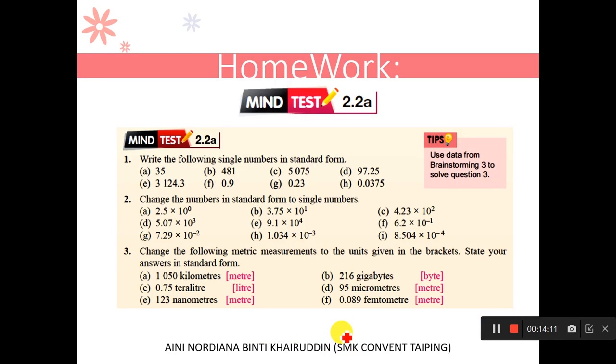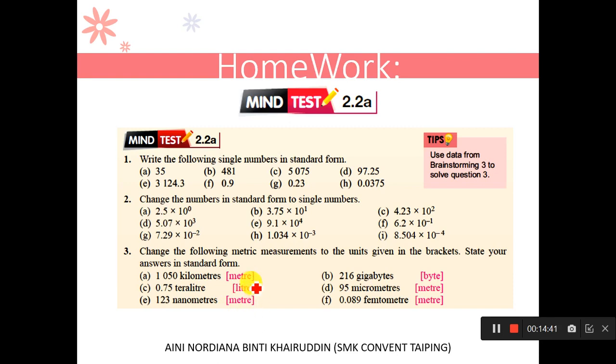Alright. So that's all. This is your homework. Mind Test 2.2a. Write the following single numbers in standard form. So in this question you have to convert single numbers to standard form. Question number 2, from standard form to single number. Number 3, change the following metric measurements to the unit given in the bracket.